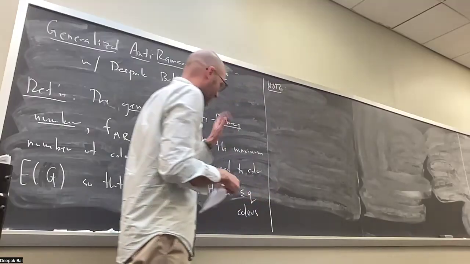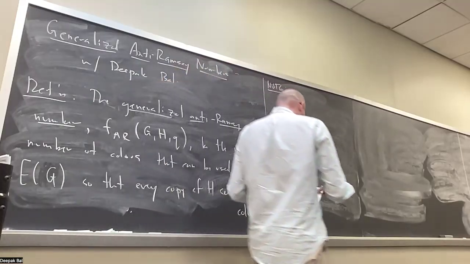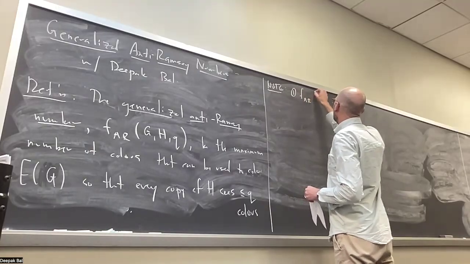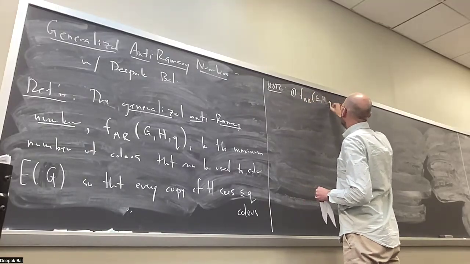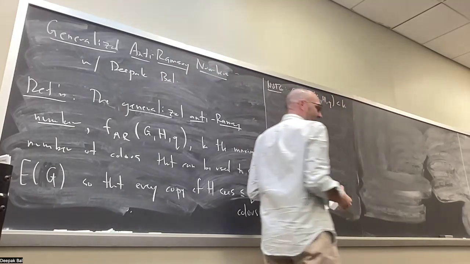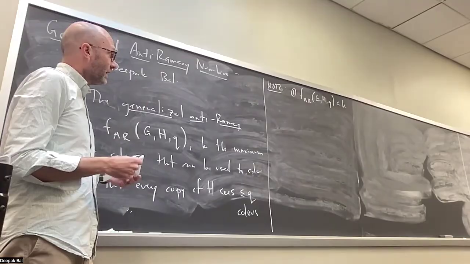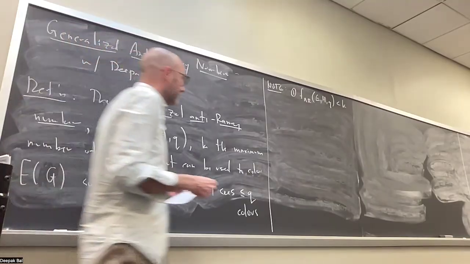So first note. If we have an upper bound, what does it mean to prove an upper bound on this generalized anti-Ramsey number?